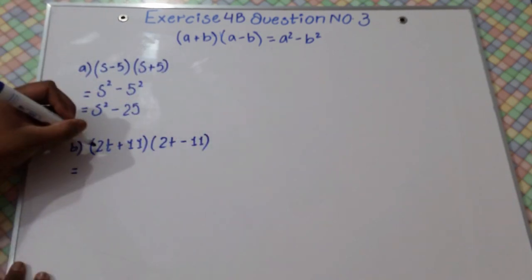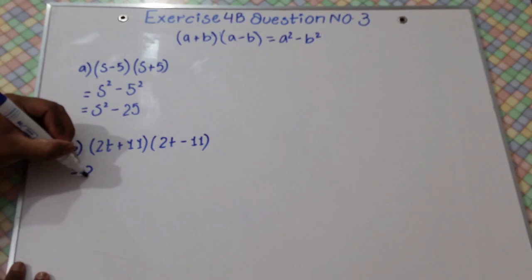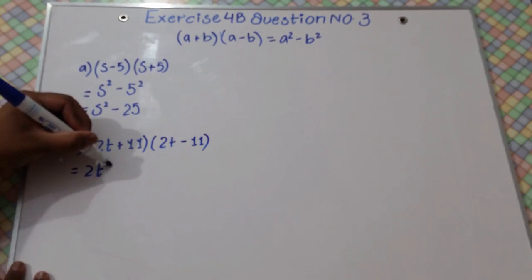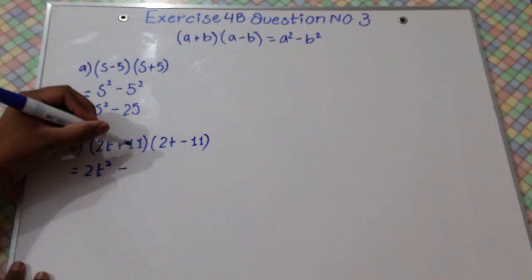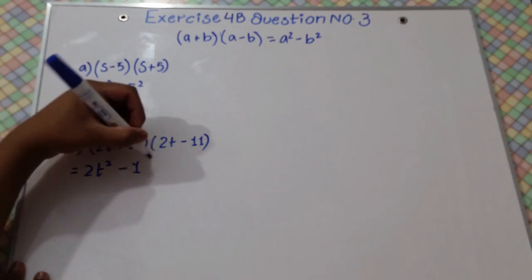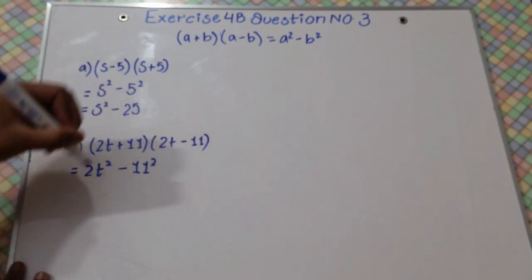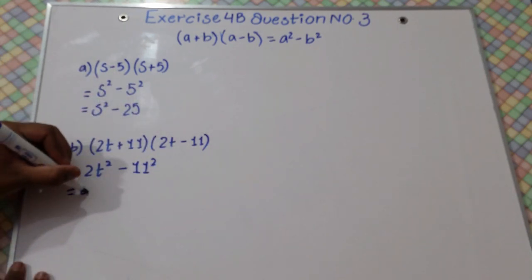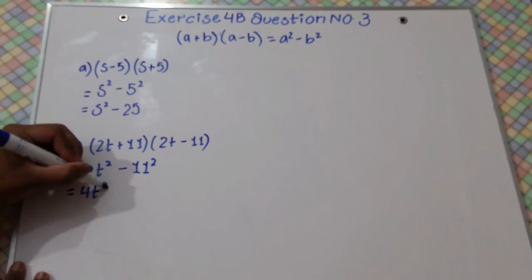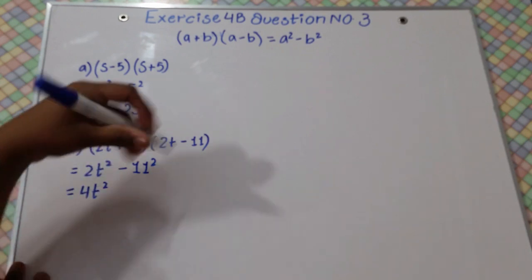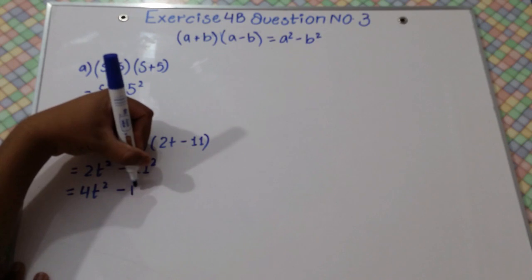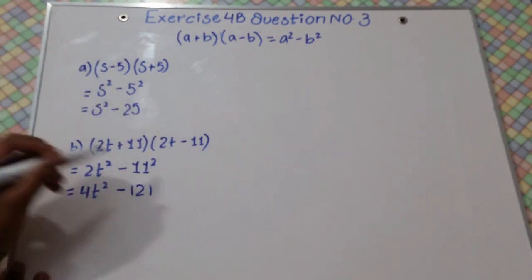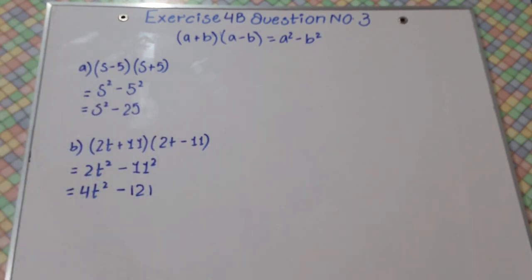Now we are going to do the same thing. 2 into t is 2t square, plus minus is minus, then 11 into 11 would be 11 square. Now we are going to solve the square. So 2 square is 4. T would remain as it is, but we need to still put the square because we are having t over here, and the square of 11 would be 121. So this was part B.